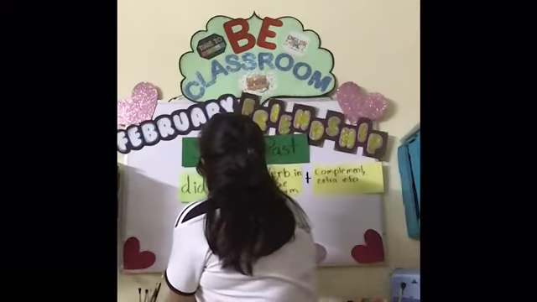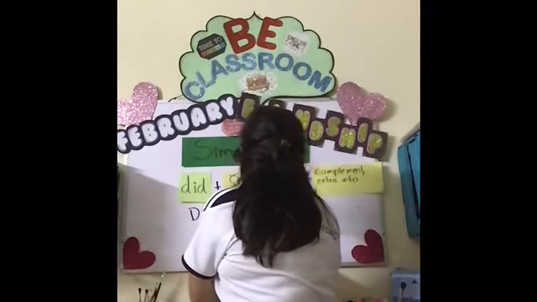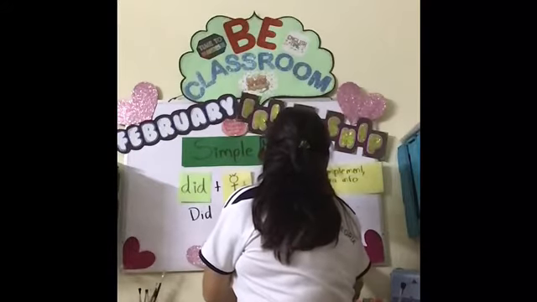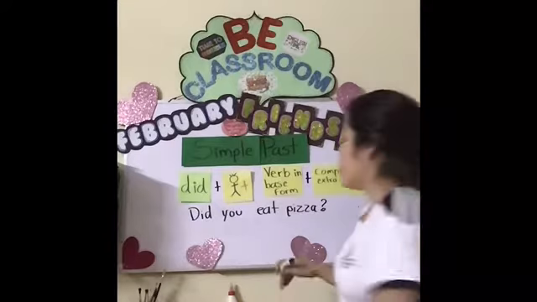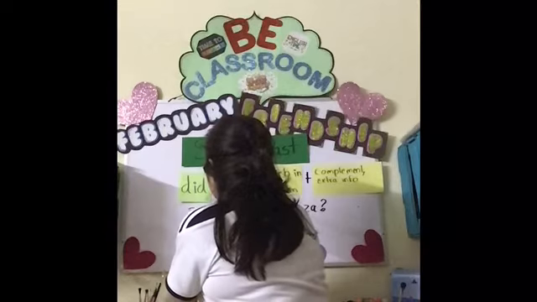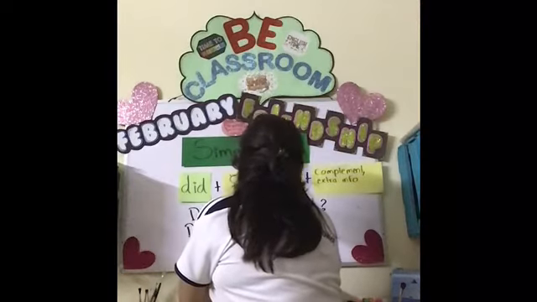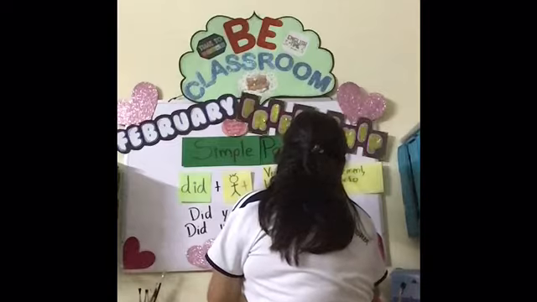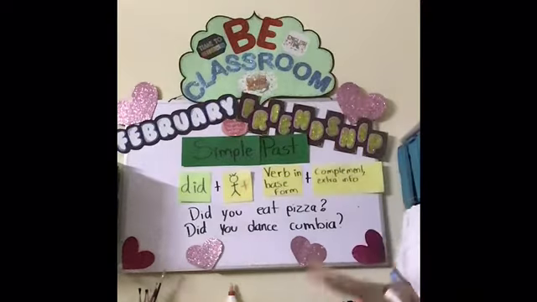You can ask, did you eat pizza? It's an interrogative, remember. Or the other that we use is the same. Did you dance cumbia? For example, you can use last night or just this.